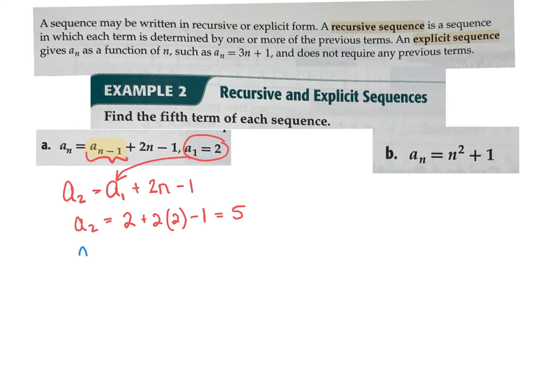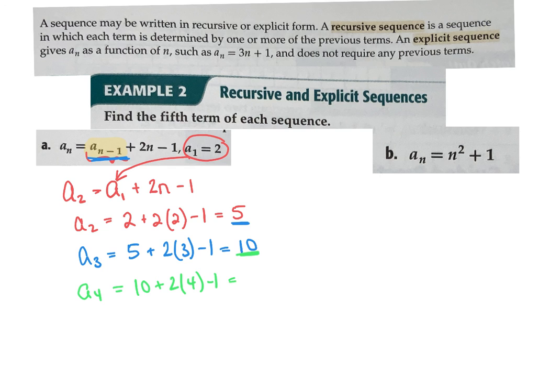And then if I want to find my third term, I'm going to do the same thing. I'm just going to take this where this goes. So I'm going to put 5 here plus 2 times 3 minus 1. So 5 plus 6 minus 1 is going to give me 10. That's my third term. To find my fourth term, I'm going to use this one, 10 plus 2 times 4 minus 1.